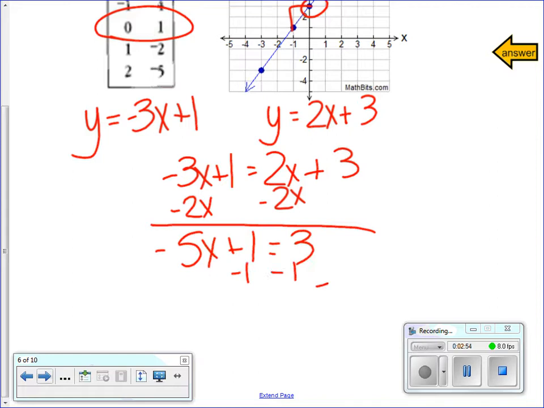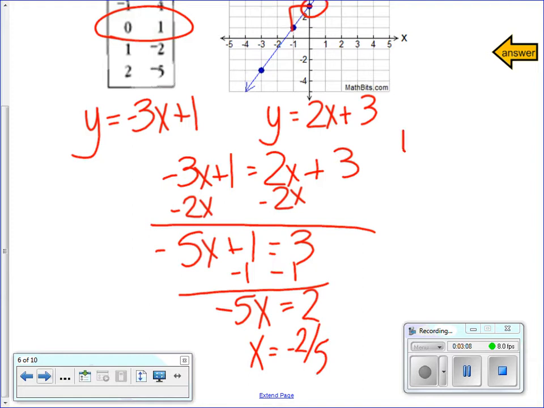Subtract 1 from both sides. I get negative 5x equals 2. So x is equal to negative 2/5. I need to plug it back in order to get y. So y equals 2 times negative 2/5 plus 3.